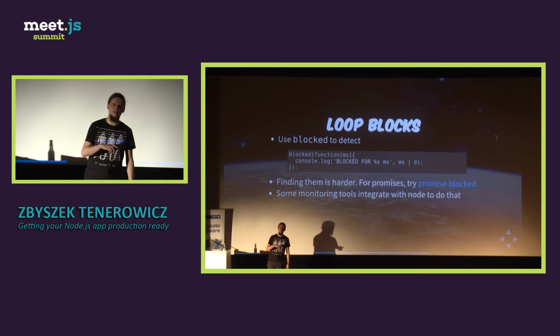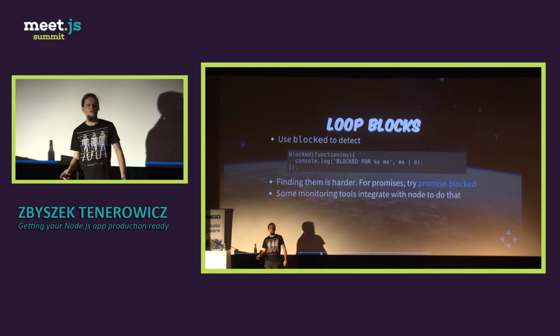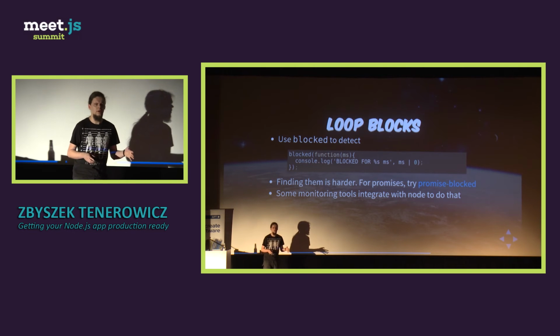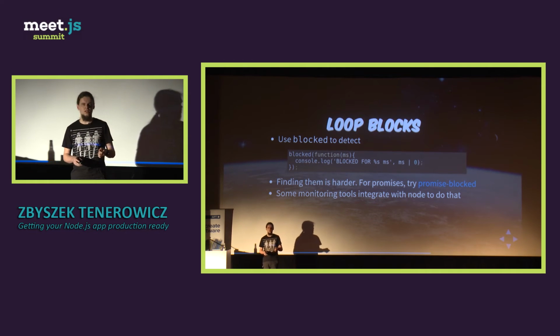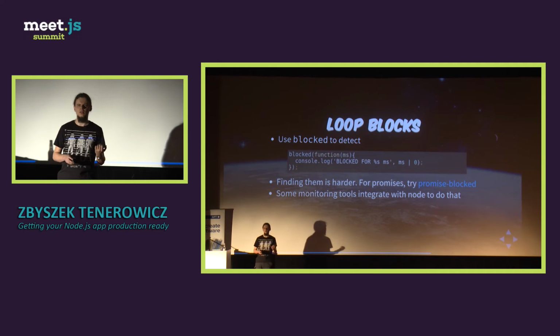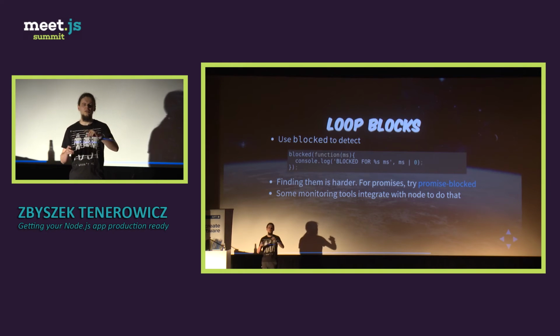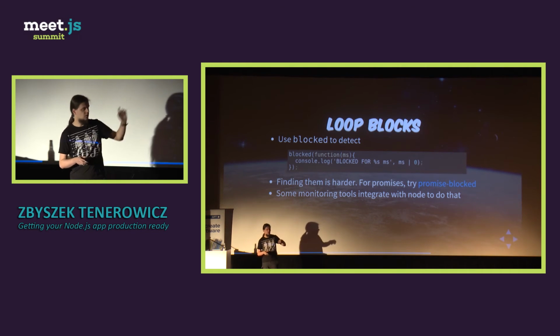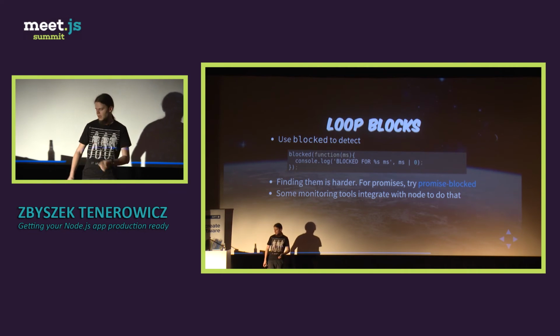And the investigate part is going to be a bit tricky, because it's hard to know that. There is a way to find things that block your event loop, but I will have to leave it for the very advanced part of this talk. For now, I can just give you a tool that I quickly made to satisfy the promises use case. So if you have a promise and you pass a function to your then, this tool will let you spot which function that you passed to then was actually blocking, instead of just returning another promise and doing things asynchronously.